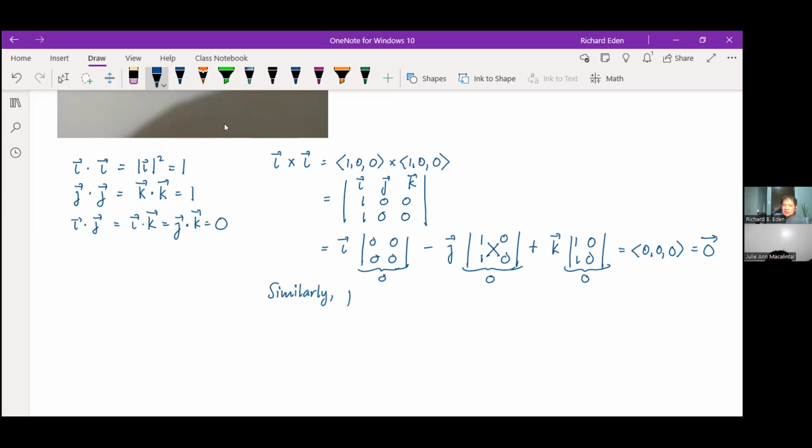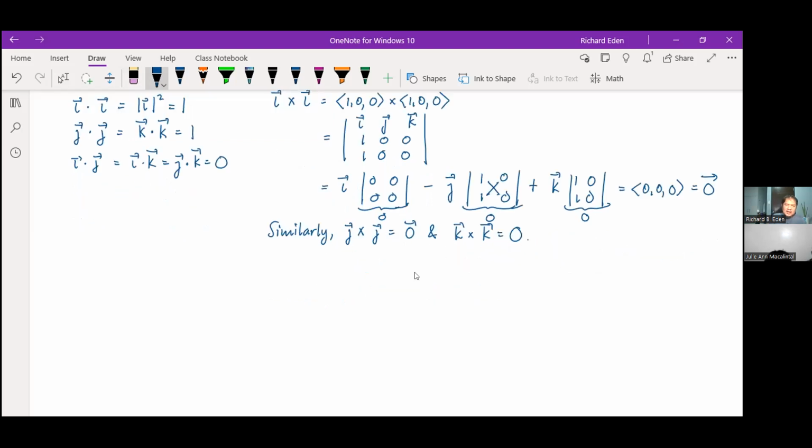J cross J is also going to be the 0 vector, and K cross K, that's also going to be the 0 vector. In fact, V cross V is always going to be the 0 vector.